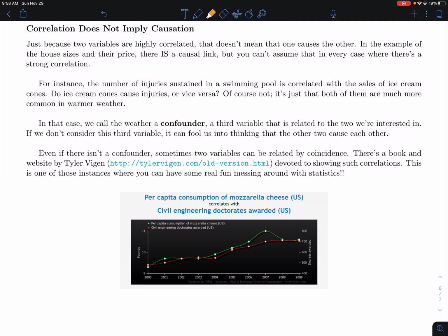If that causation was true, the more mozzarella cheese you eat, the more likely you would be to get a doctorate in civil engineering, which we know isn't true. Even though these two things are correlated, it doesn't mean that one causes the other. It's just kind of a funny thing.